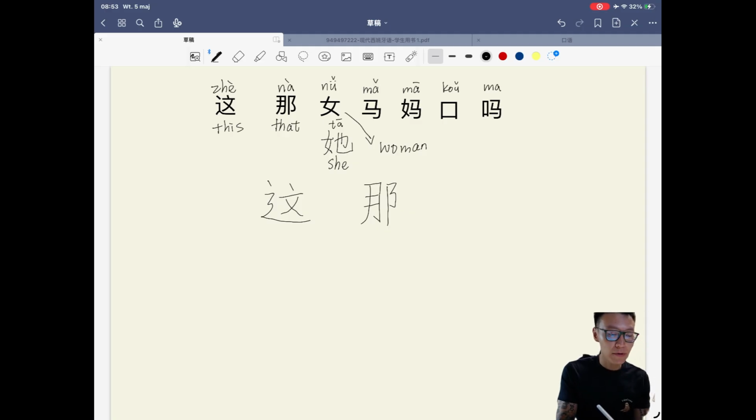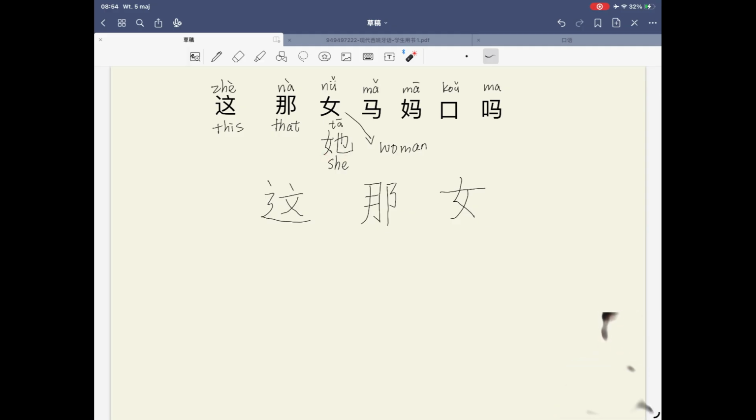女 only has 3 strokes. 1, 2, 3. Alright. So you can also see in characters, sometimes a character has 2 parts, and maybe both of the parts are characters themselves. Yeah? We just combine them to form a new character.